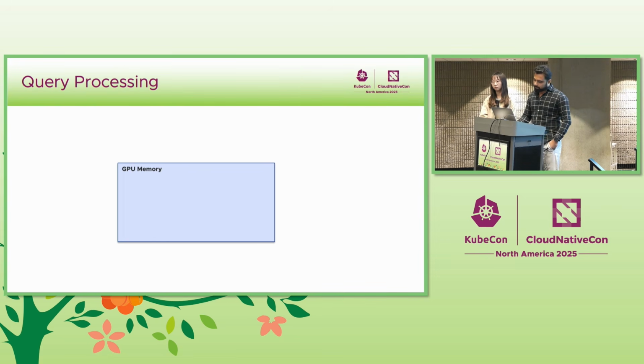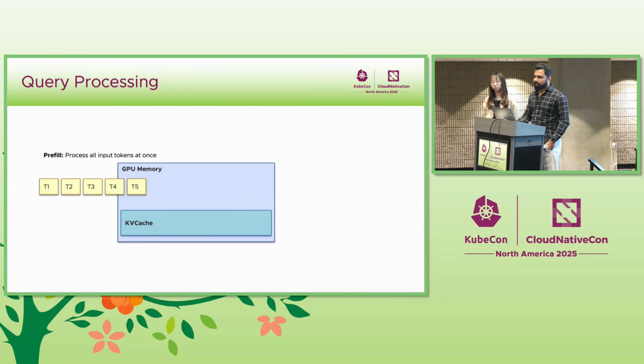So let's see what happens in a query's lifetime. When you send that prompt, all those tokens are loaded at once, and while the inference engine is processing those tokens, it is generating something called KV cache.